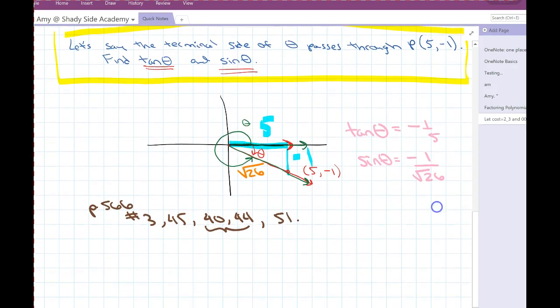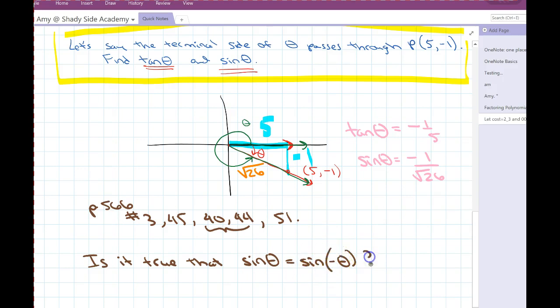And then I also want you to ask this question. Is it true that the sine of an angle is equal exactly to the sine of negative theta? Is this true always?